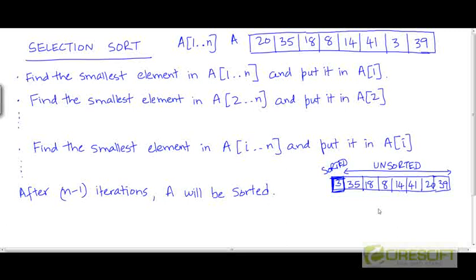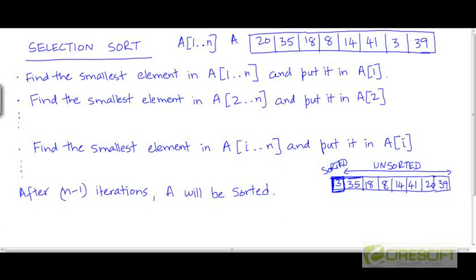And in each iteration, what we are doing is we are determining the minimum element in the unsorted portion, and we are swapping that element with the first element of the unsorted portion, thus extending the sorted portion by one element and reducing the size of the unsorted portion by one element. So in the second step, for example, we're going to find out what is the minimum element in this unsorted portion.